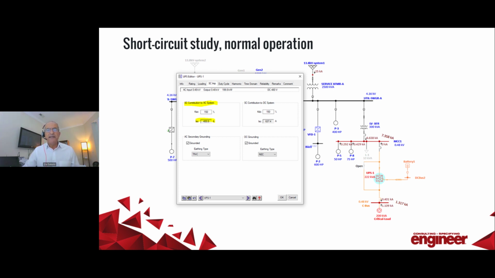That is something we need to consider, and it is actually an advantage compared with, for example, an induction motor, whose short circuit contribution here is about 400. The UPS feeds back 0, and the short circuit current right here is around 1.3 kA.